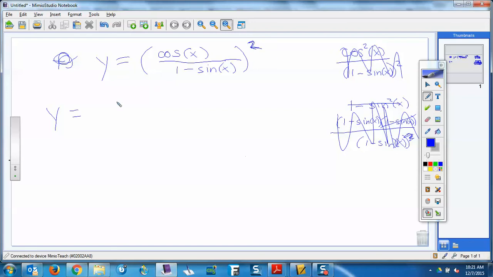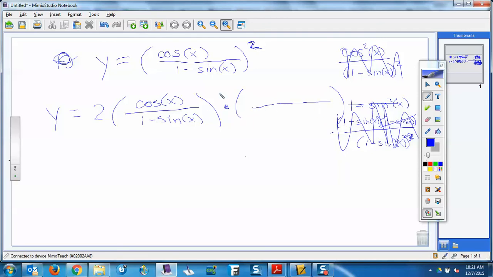So we're going to do the outside, which means bring the 2 down front. We're going to leave the inside alone, to the first, times the derivative of the inside. Now this is going to be a quotient rule, right?